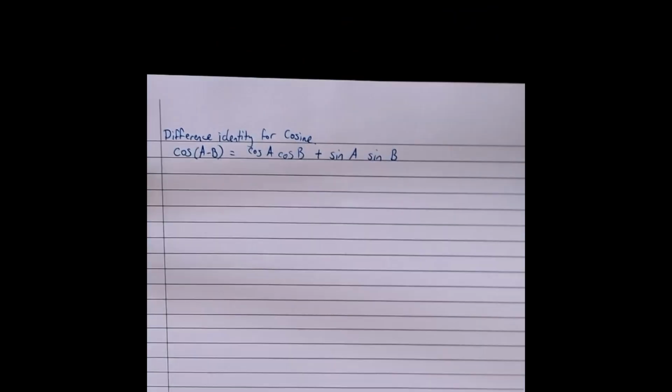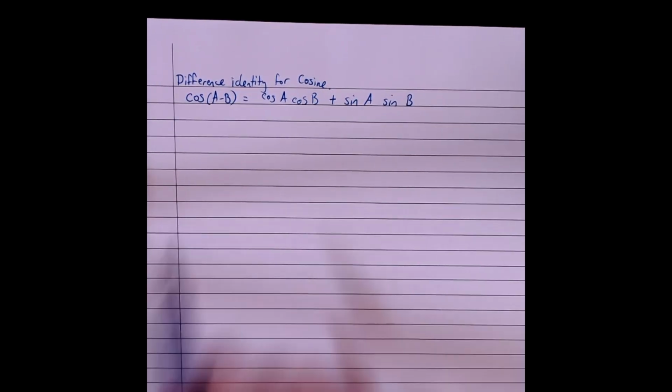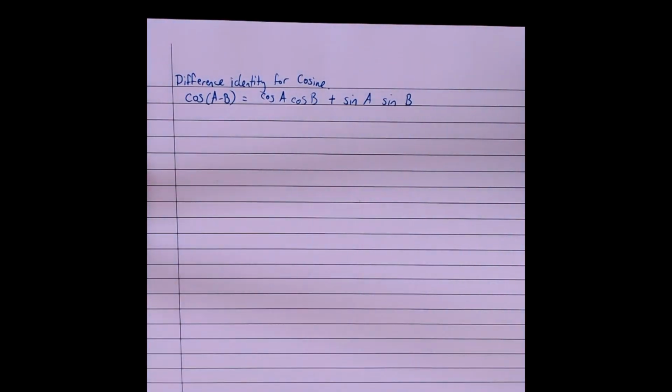We'll have a difference identity for sine as well, and we'll have a sum identity for both sine and cosine, where this will become a plus instead of a minus.